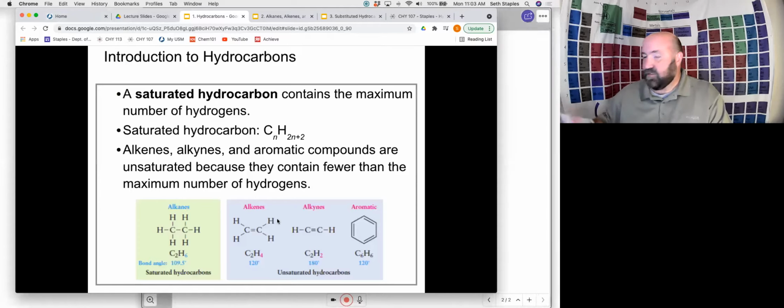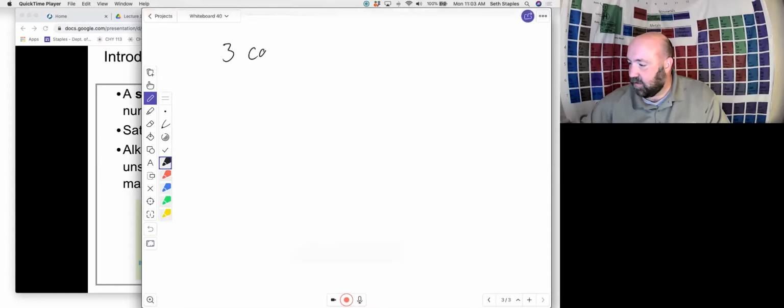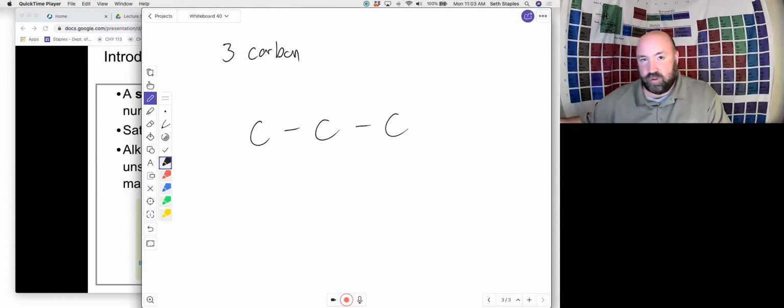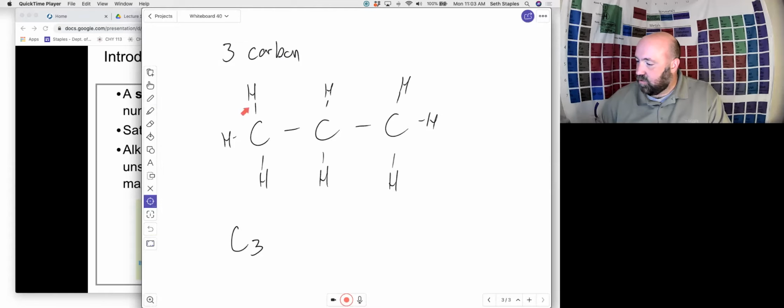And so, for instance, if we have a 3-carbon chain, that would look like this. And remember, carbon's always going to form its octet. And so that would mean we would have hydrogens placed around like so. And so we can see that our formula would be C3H, 1, 2, 3, 4, 5, 6, 7, 8.